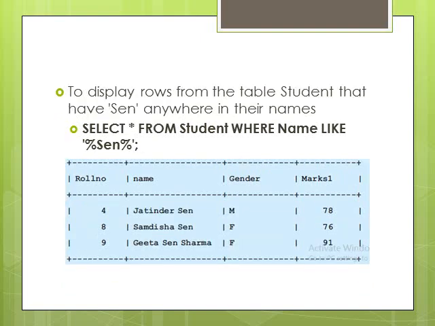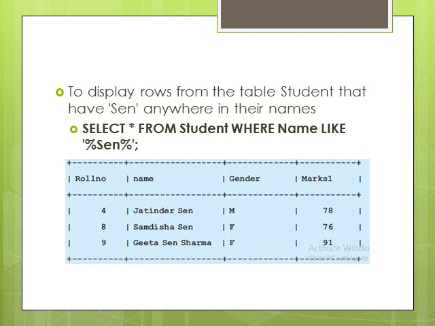Let us take another example. Suppose we have to display the records from the table student which have SEN anywhere in their names. Earlier we used the query where SEN was at the end, but in this query SEN can be anywhere in the name. It can be at the start, in the middle, or at the end.